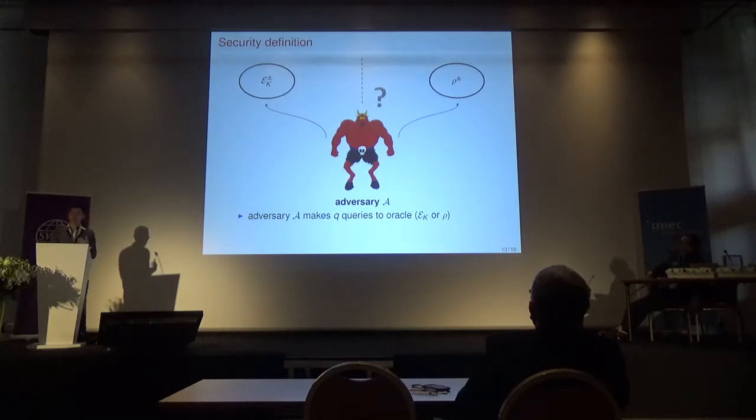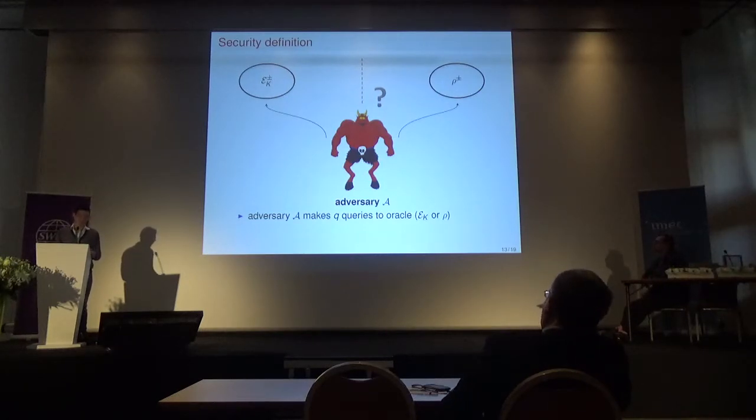So the adversary A makes Q queries to the given oracle. If the given oracle is the real-world oracle, then if he enters a plaintext, he will get the corresponding ciphertext. And if he enters a ciphertext, then he will get the corresponding plaintext. If he gets access to the ideal-world oracle, then in both cases he will just get a length-preserving random permutation of the input.